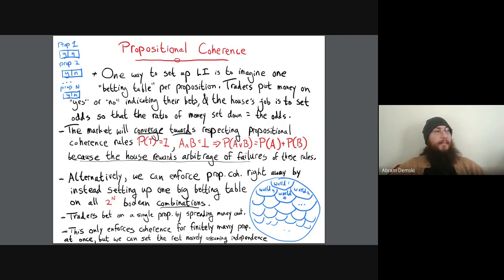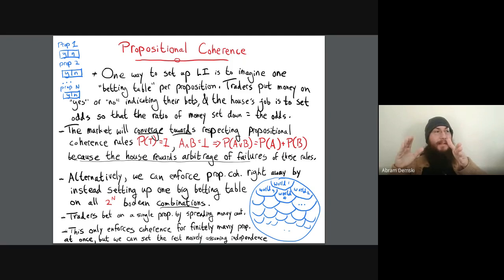is that we have one betting table per proposition. Traders put money on yes or no, indicating their bets for or against that proposition. And then the house's job is to set odds so that the ratio of money set down on either side equals the odds. So if the house offers 2-to-1 odds against some proposition, then if I'm getting my direction right, that means the house is promising that you can double your money if you bet for that proposition, and it comes out true.